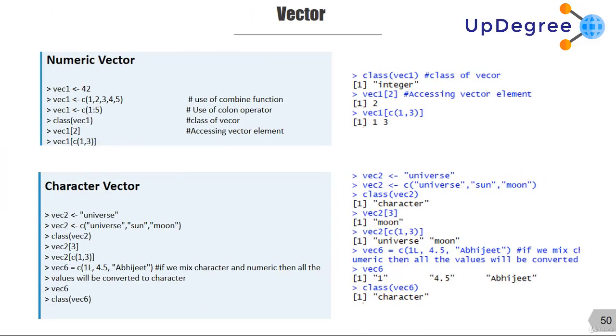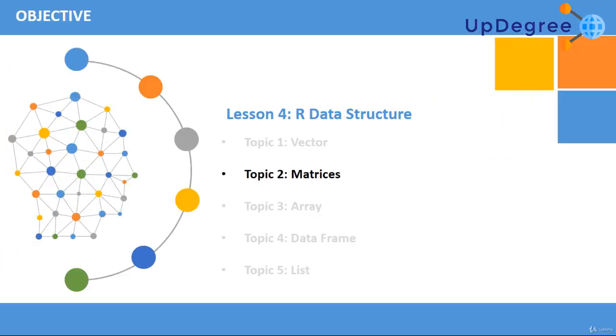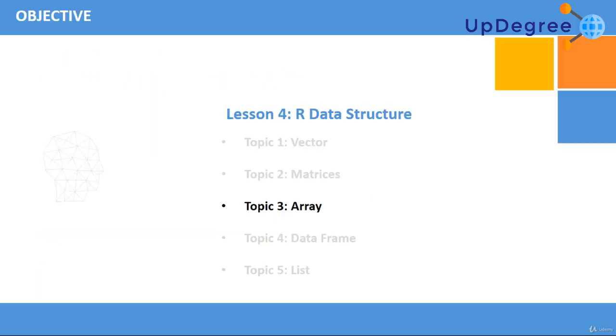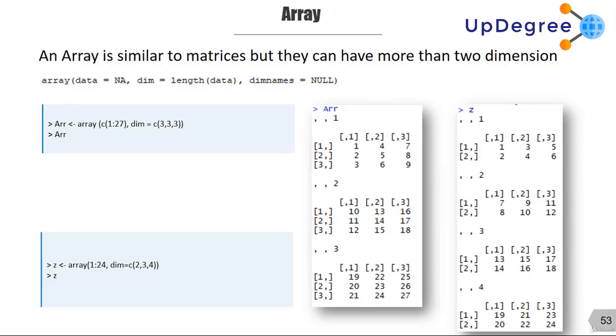We can create either a numeric vector or a character vector or a logical vector. Then we learned about matrix using the matrix function, where you can give the column number and row number, and you can also specify whether you want to fill it by row or by column. Then we learned about array. We used the array function and you can give the dimensions. We saw 2 examples: one is 3 cross 3 cross 3, another one is 2 cross 3 cross 4.